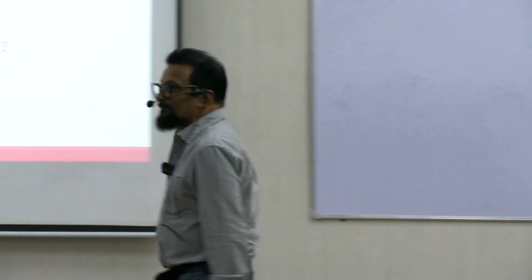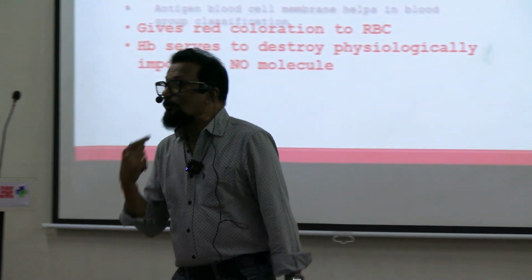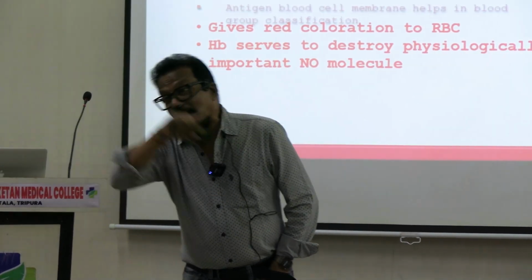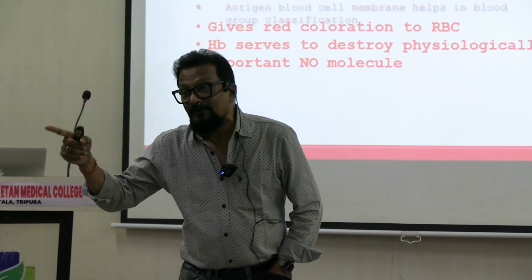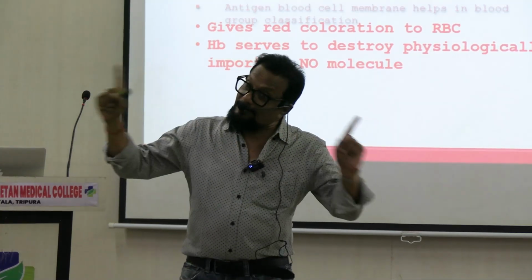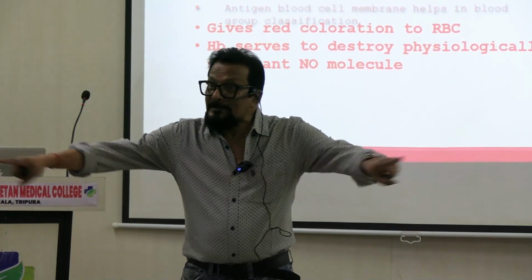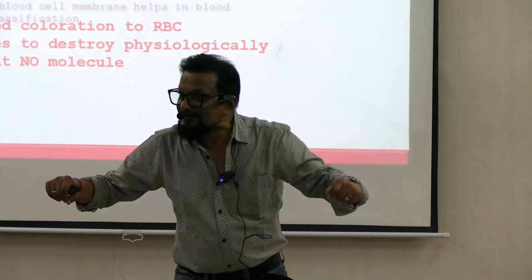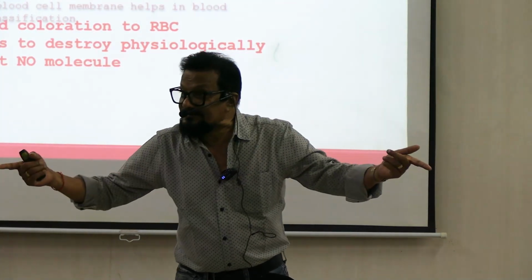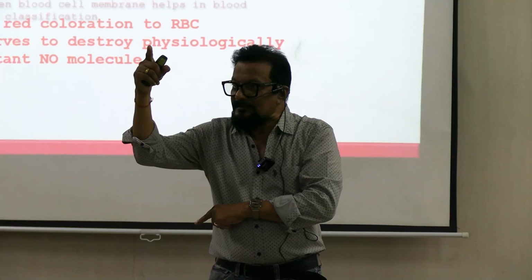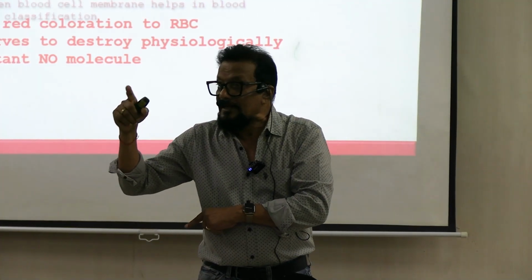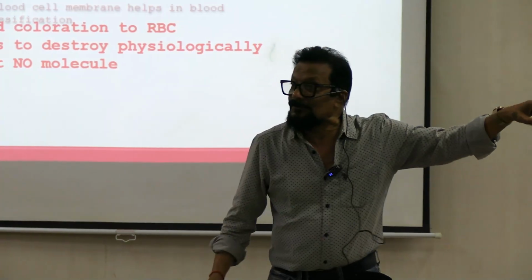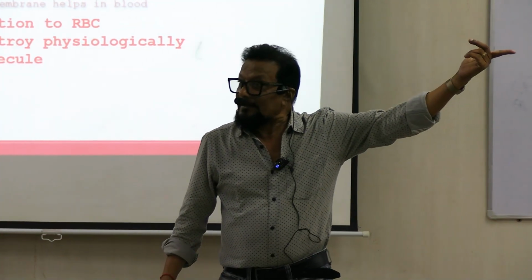So in this form they can carry carbon dioxide also. One more important function is that hemoglobin can act as a buffer. Plasma proteins act as buffer because they can be ionized. Here the globin has amino acids, which are ampholytes, with positively charged NH3 plus at one end and negative COO at the other.